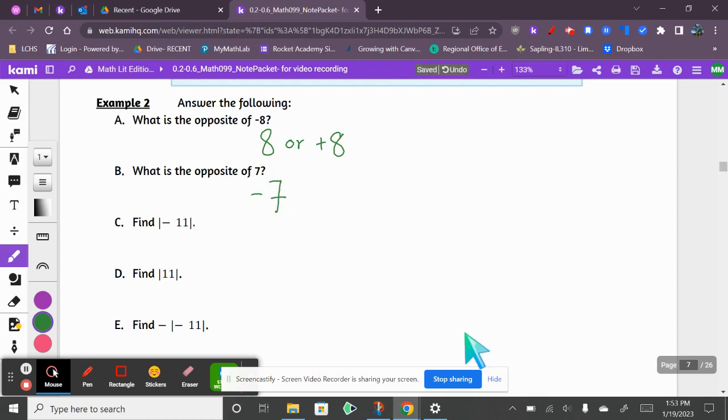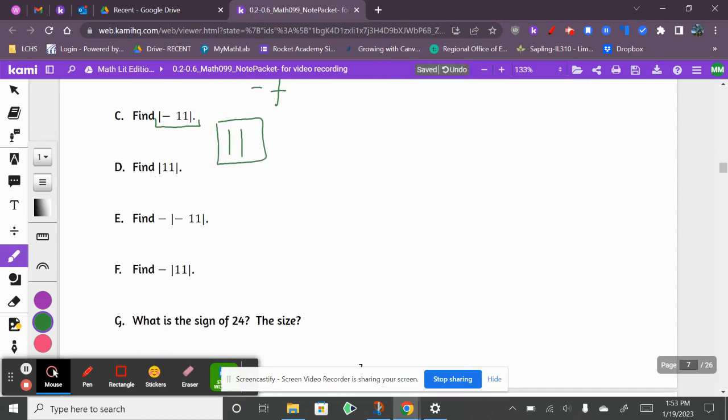Now remember that absolute value is the distance from 0. So negative 11 is 11 away from 0, because distance is always positive. 11 is also 11 away from 0. So it still has the same absolute value. So we have 11.